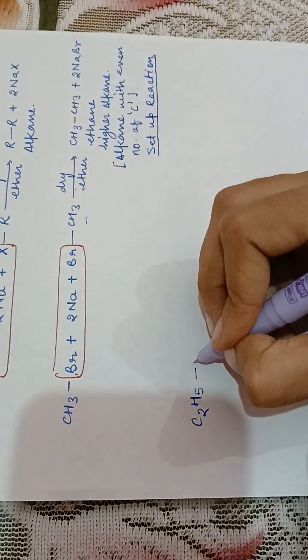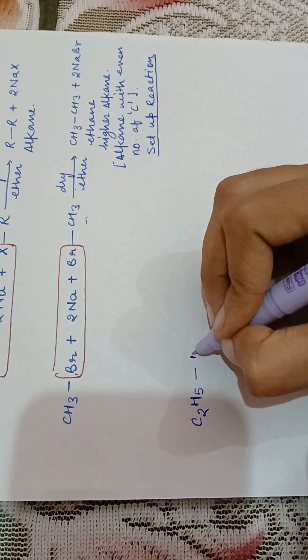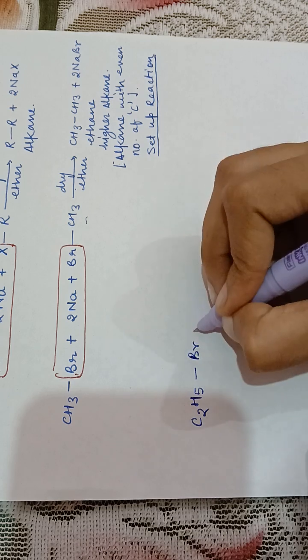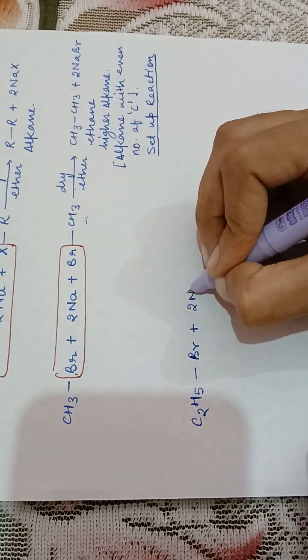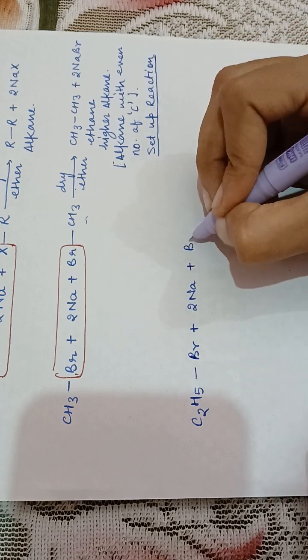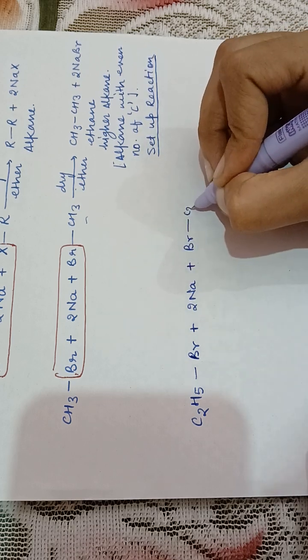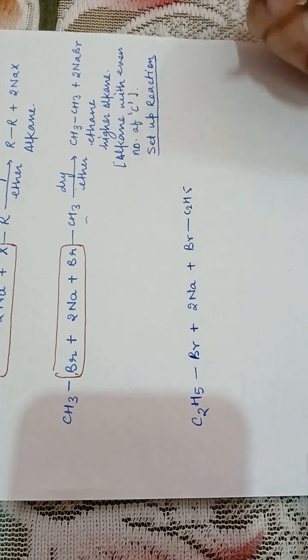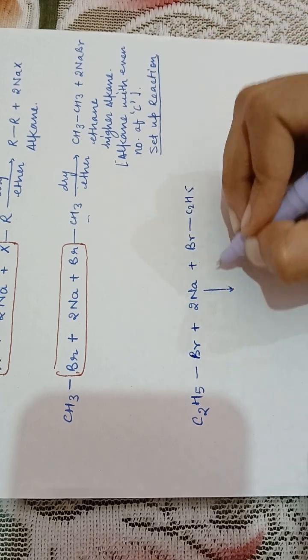C2H5Br plus 2 moles of sodium metal plus BrC2H5 as usual in presence of dry ether.